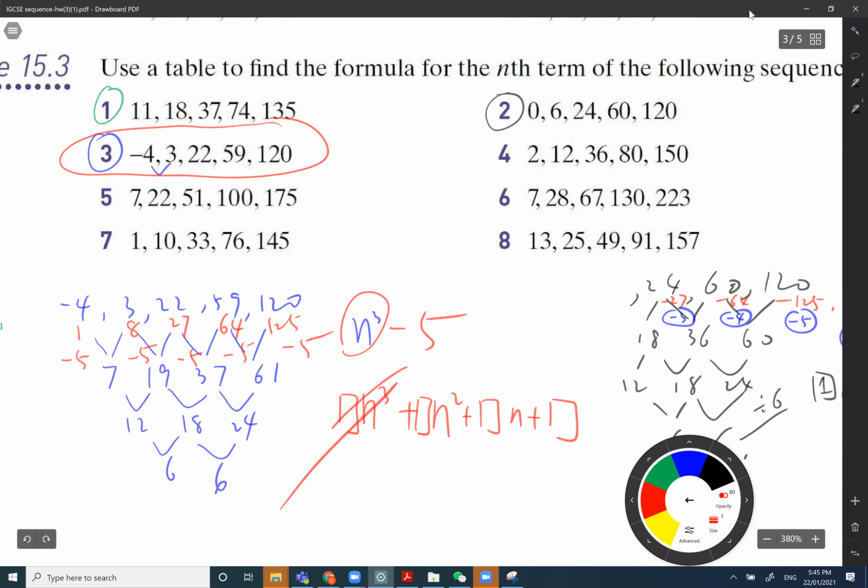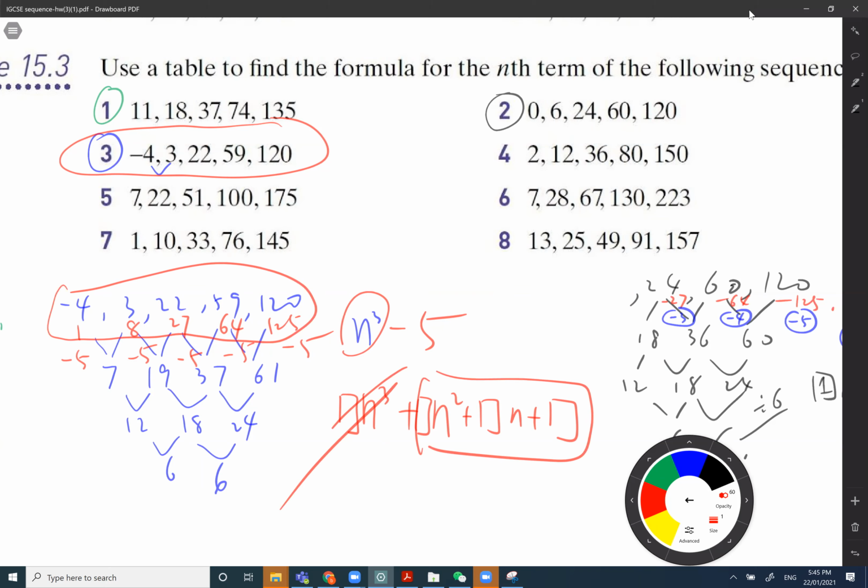If you minus them from the original sequence, you only have easy ones. But our one is so easy. After you minus n cubed, the information we found, we don't even have this. We just have -5 here. This idea is very important.